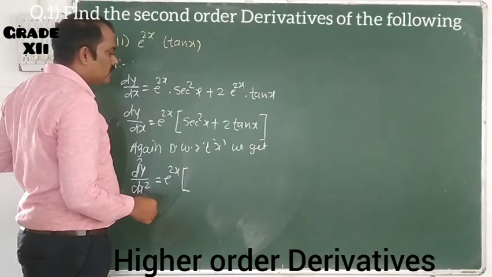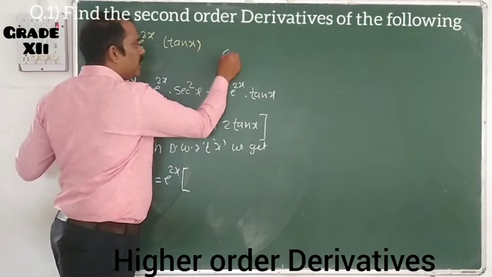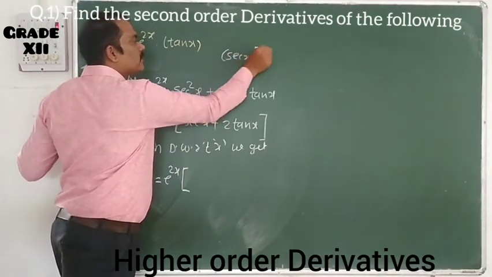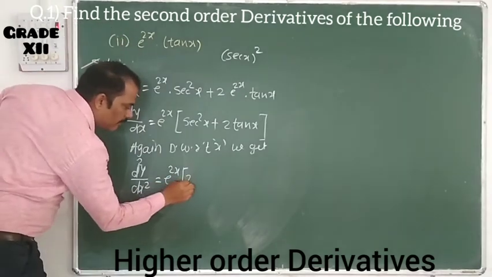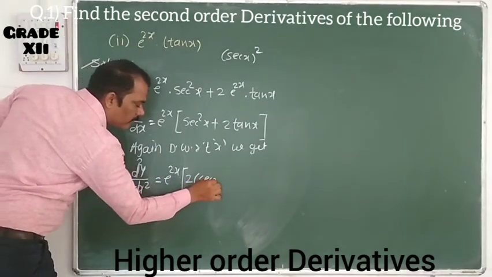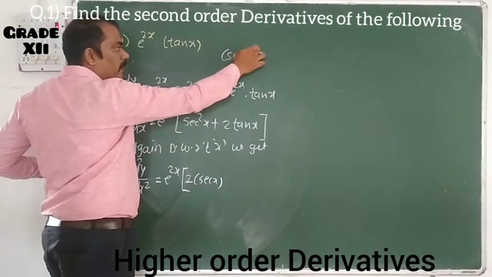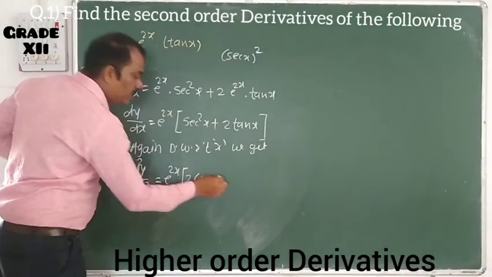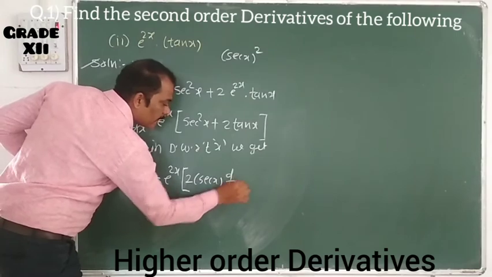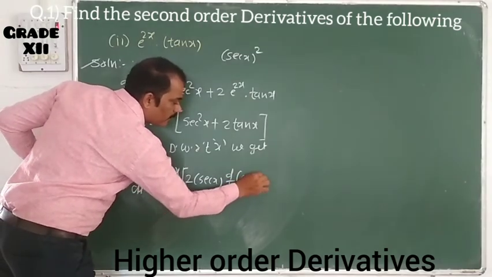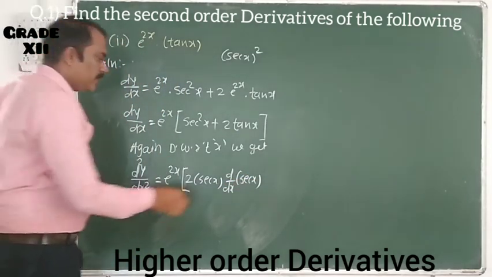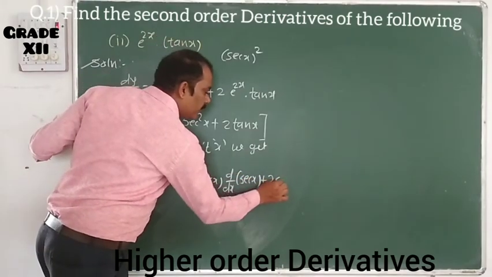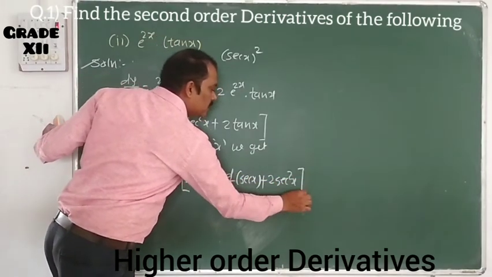Sec square x we treat as sec x bracket square, so take the power as it is, and from the power we minus 1, into d/dx of sec x, plus 2 times the derivative of tan x, which is nothing but sec square x.